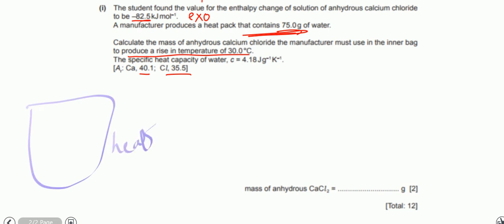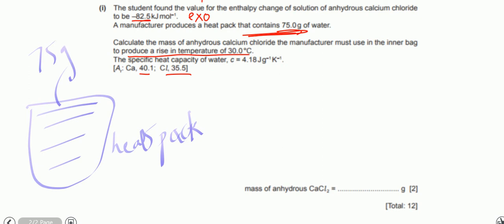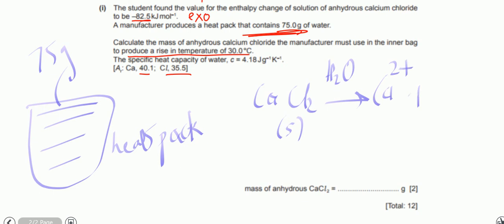This is our heat pack, and it has water, and the weight of the water is 75 grams. And we know for a standard equation that CaCl2 solid dissolves in water to give us calcium 2 plus ions plus 2 chloride negative ions, and both of these are aqueous.